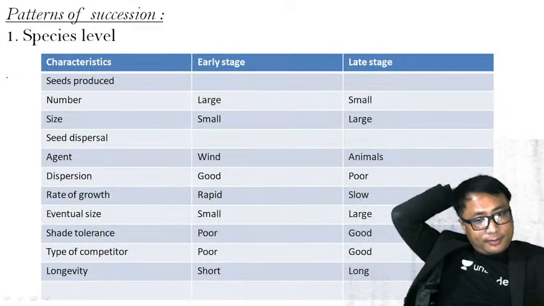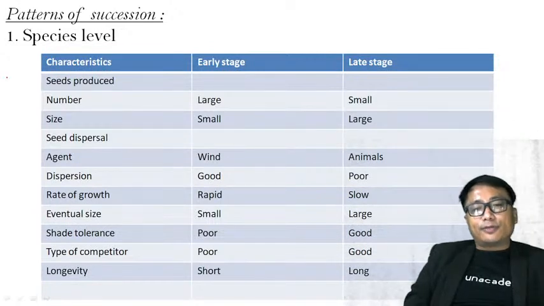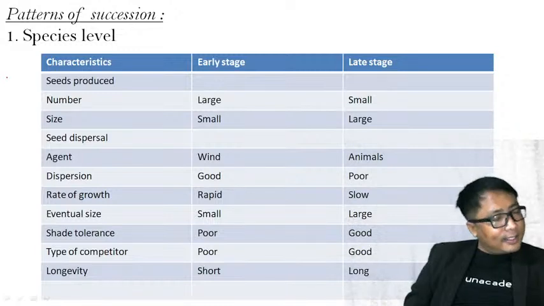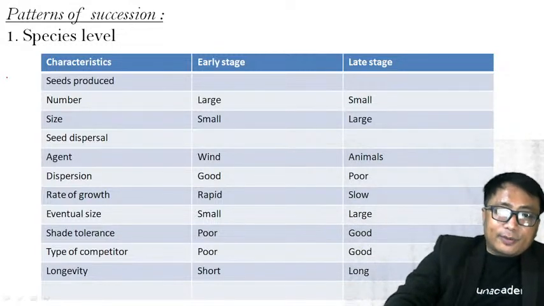Number: in the early stage of succession, the number of species will be large, but later on it will be small. You come here, longevity, the last row. In the initial or early stage, the species lifetime will be short, but in the later stage, it will increase. Clear? Others, you kindly go and see.